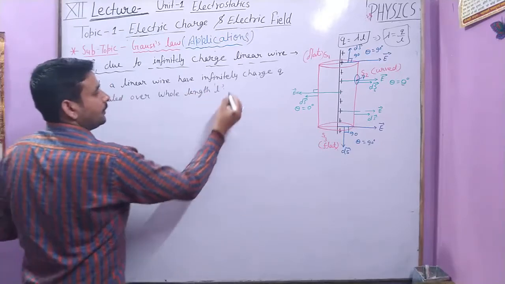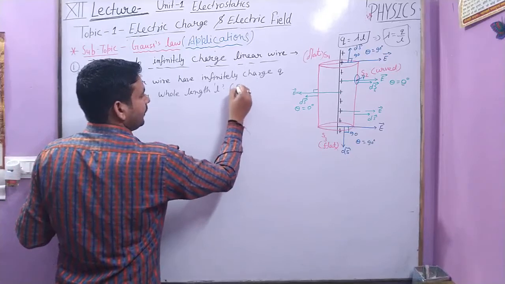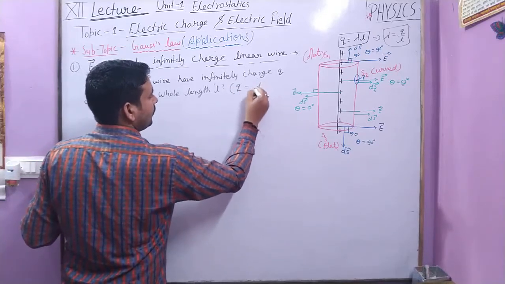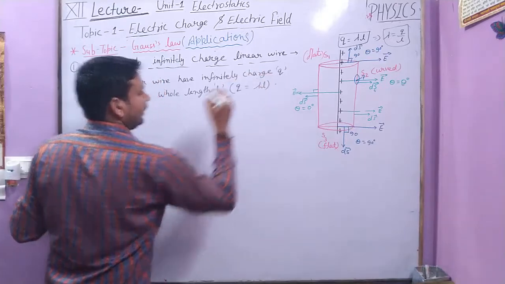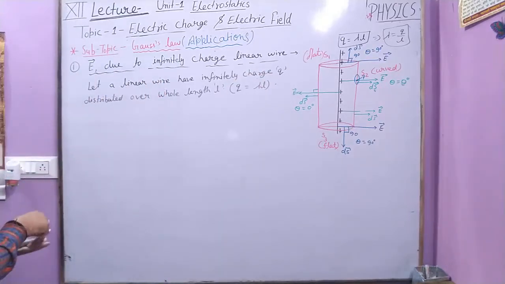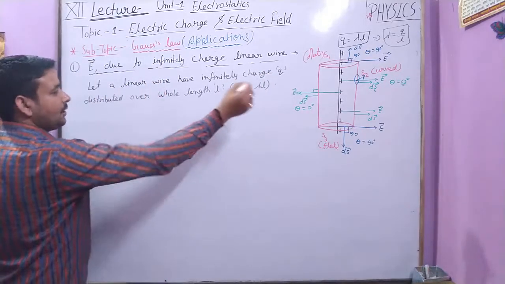L, which is given by Q is equal to lambda L. Okay, now consideration of the Gaussian surface.